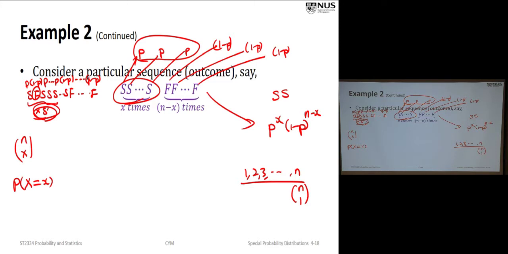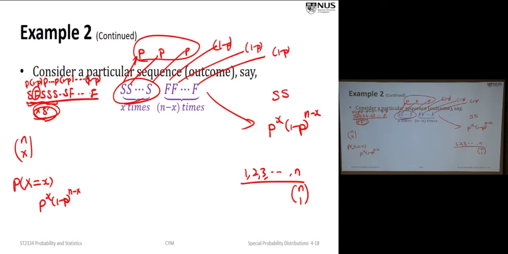X represents the number of successes out of n Bernoulli experiments. So a particular sequence has a probability of success equal to this. But this is only one sequence.